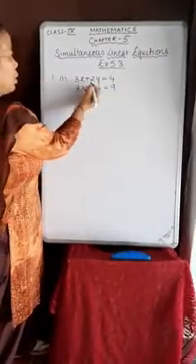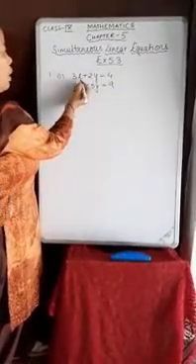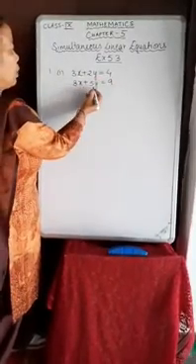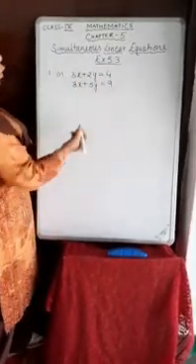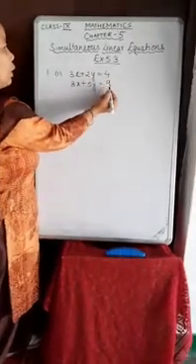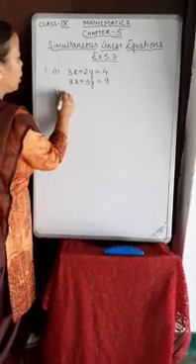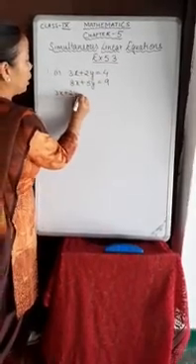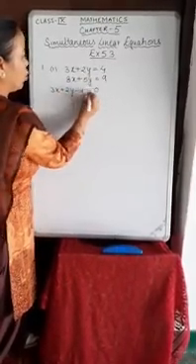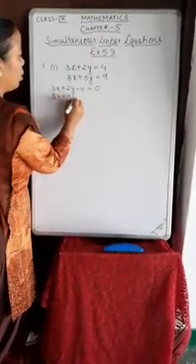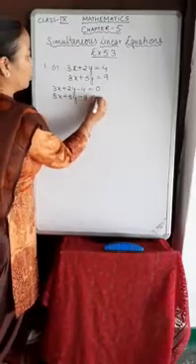The simultaneous equations are 3x plus 2y equals 4 and 8x plus 5y equals 9. First of all, we'll bring this 4 and 9 to the left hand side, that is 3x plus 2y minus 4 equals 0 and 8x plus 5y minus 9 equals 0.